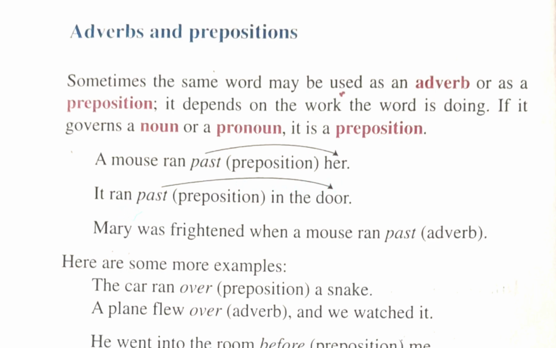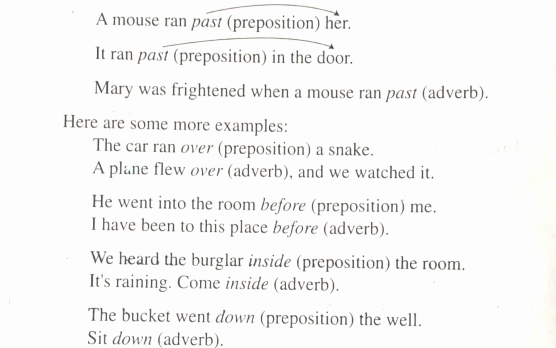Same thing, it ran past the door. It is governing the word door, which is a noun. Mary was frightened when a mouse ran past. It is called an adverb. Why? Because it is modifying the verb ran. Here are some more examples, like the car ran over a snake.